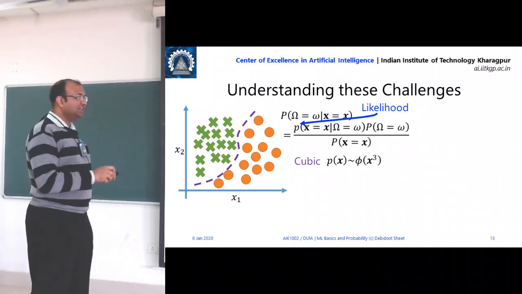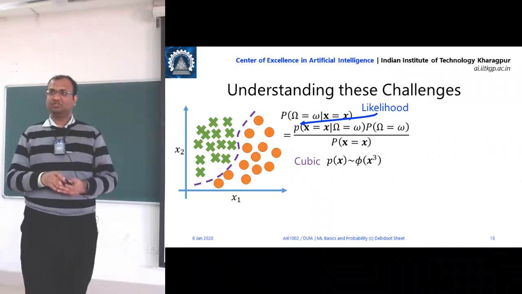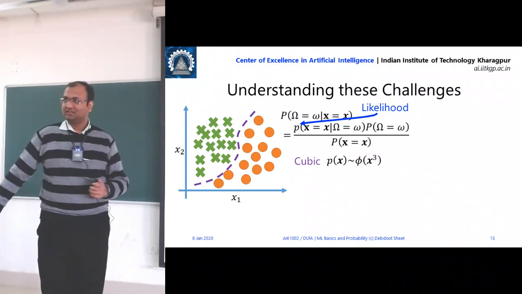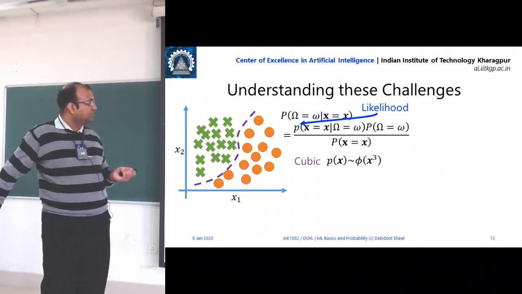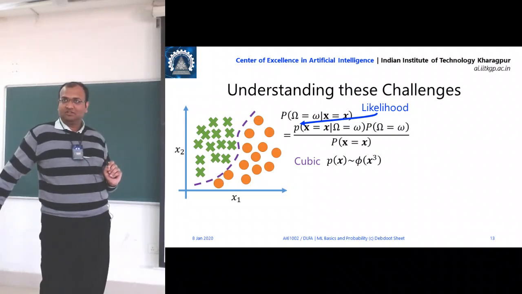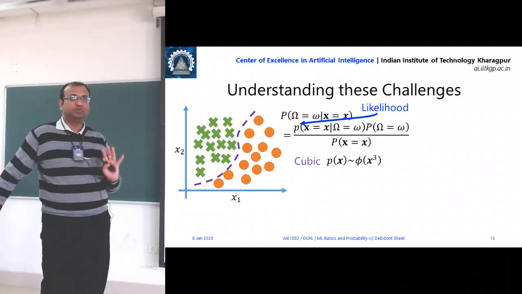This part is likelihood, which may have a polynomial function, and in general we'll go by some distribution model and there will be a polynomial function. Now if this is cubic, because the summation of this marginal is what comes in the denominator as your evidence, that is also going to be cubic. So if numerator and denominator both are cubic, then the polynomial itself is also cubic. Okay. So now we have a cubic polynomial because the likelihood which we modeled over here was cubic.